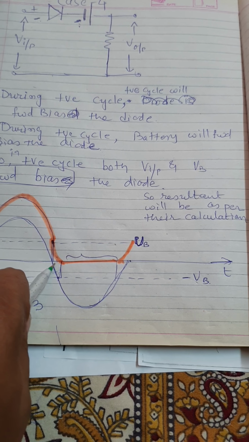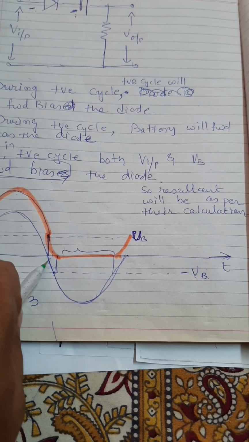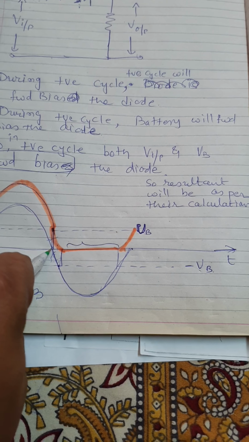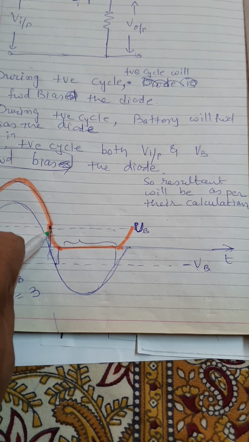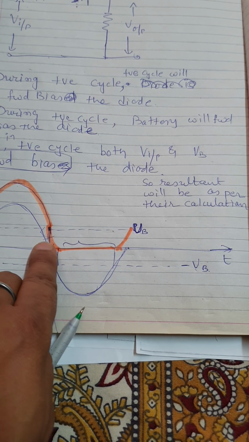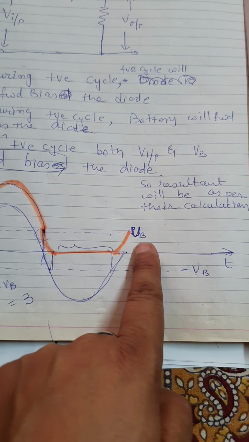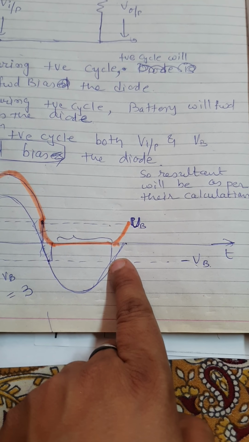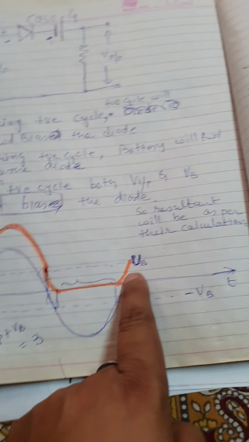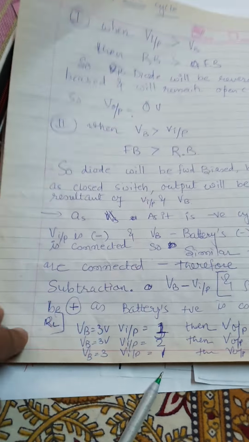When V input is 1 volt, it is 3 minus 1, that is 2 volt. And when V input is 0, 3 minus 0 means it is 3 volt. I hope you understand the reason behind this shape, and the same replica will be obtained on this side when again the input goes from 3 to 1 and then becomes 0. The case is VB minus V input.